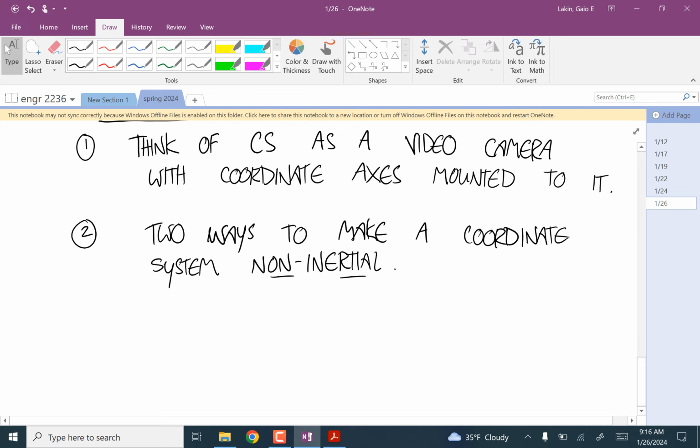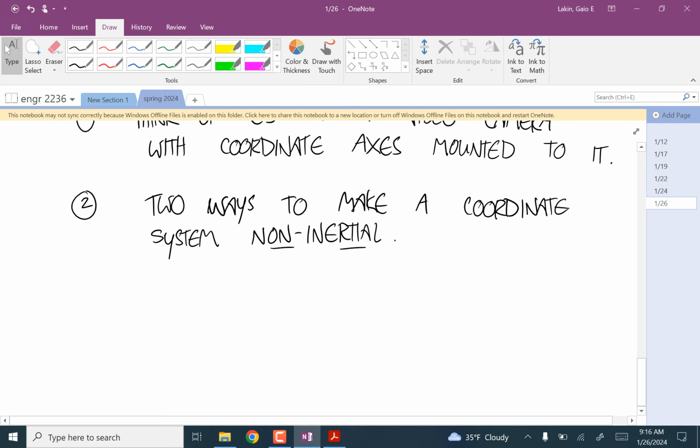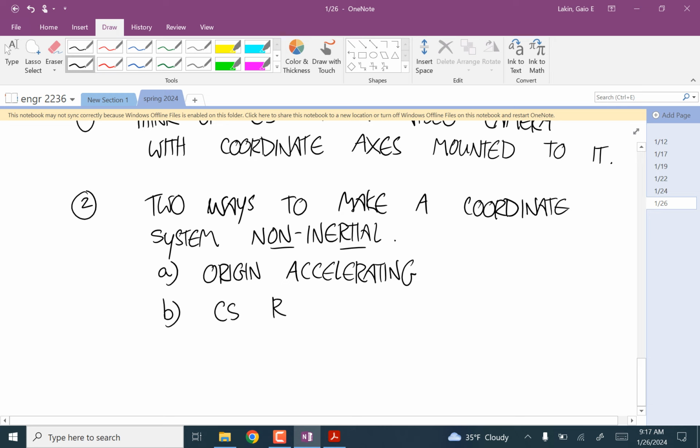So these are 2 ways to wreck a coordinate system if you're trying to do Newton's laws. The first one is the origin of the coordinate system is accelerating. And the second one is the coordinate system is rotating.